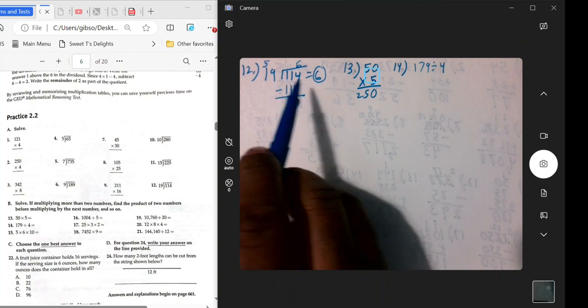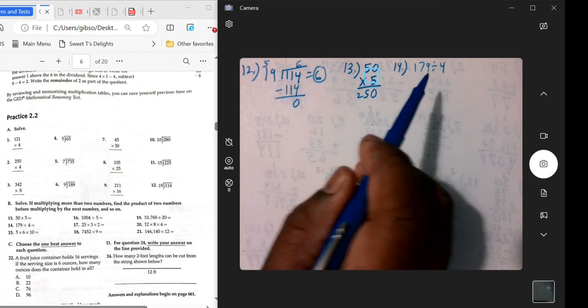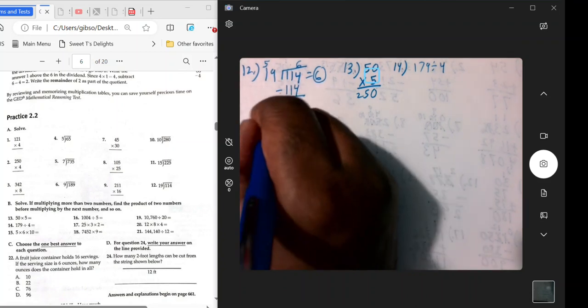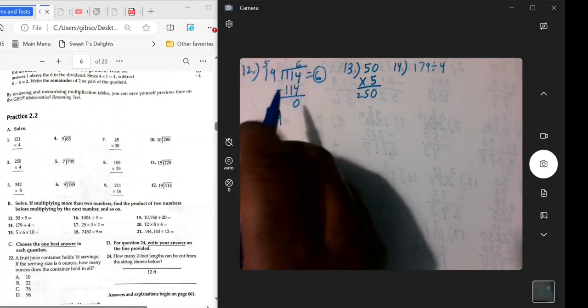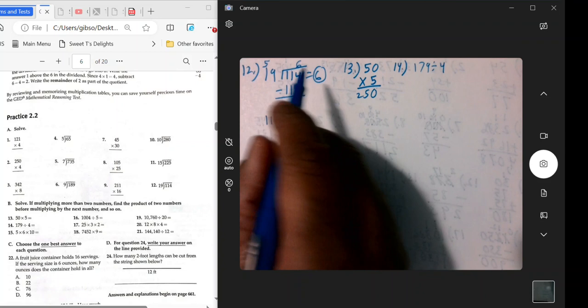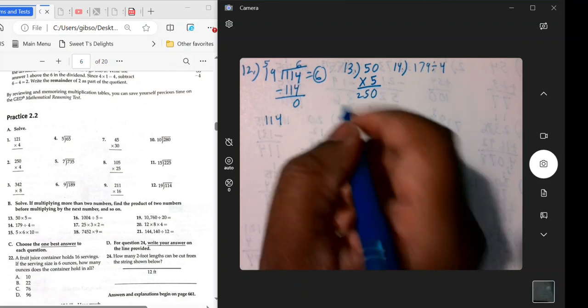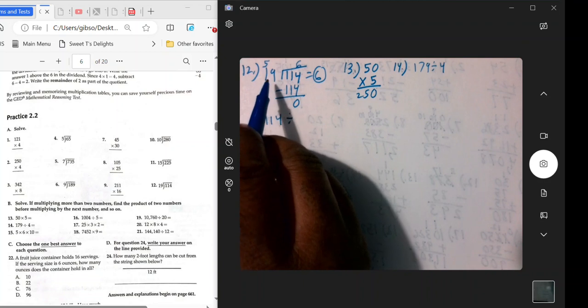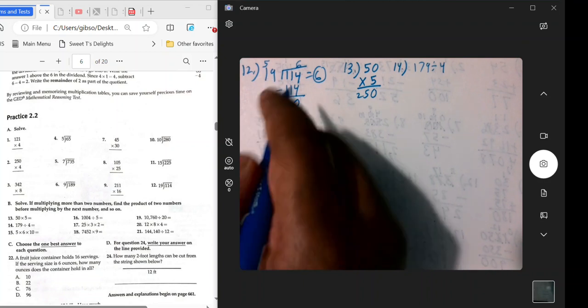If I was to rewrite this to look like this division here, you put your dividend first, which is 114. You would change this division bar to this division symbol, and then you will write down your divisor last.